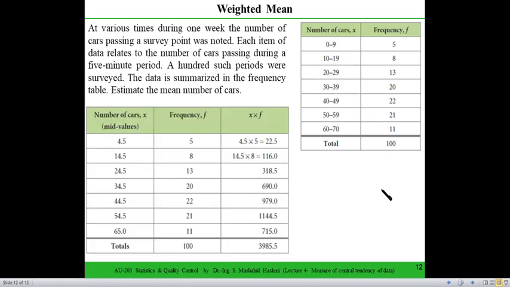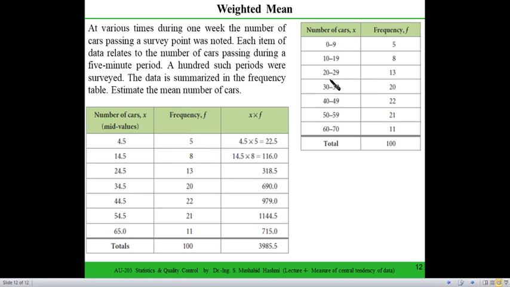Since this data has a lower limit and upper limit, sometimes they call it interval data. In that interval data, the data lies between 0 cars to 9 cars. So what we do is 0 plus 9 divided by 2, we take the middle value of the class interval. So the middle value would be 4.5 and its frequency is 5.